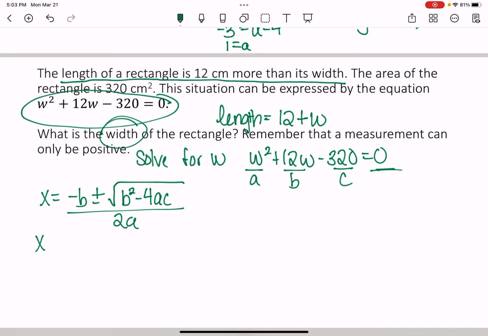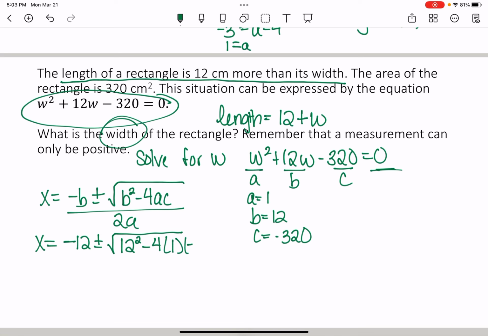So let's go ahead and label a, b, and c. So a is 1, b is 12, c is -320. So -b, so -12, plus or minus the square root of 12 squared minus 4 times 1 times -320, and that's divided by 2 times 1.